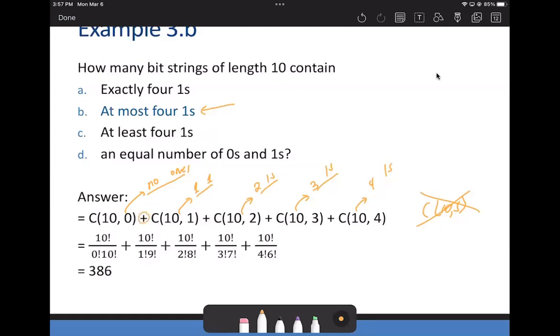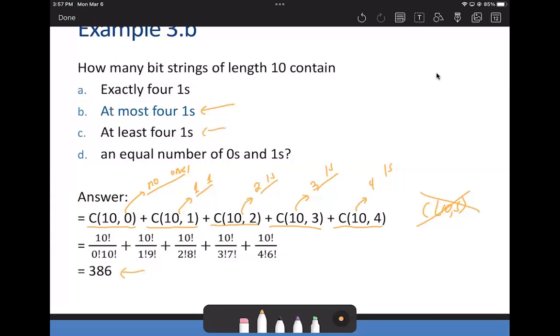So they are different tasks. So what we are simply doing is to compute for the combination of bit strings of length 10 without a 1, and with only 1 na 1, and with only 2 ones, only 3 ones, and only 4 ones. So we simply substitute that into our equations and we will have the 386.